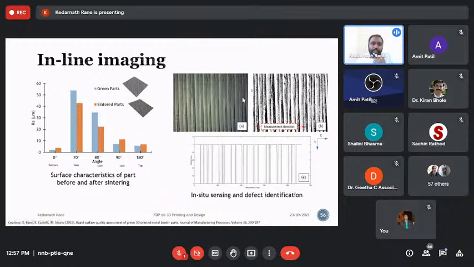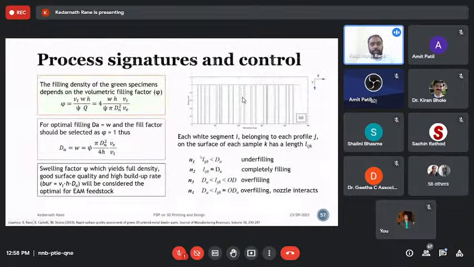We realized this challenge because we understood that when we consider different surfaces of the part, they are distinct and the surface roughness is different. So how can we control these kinds of characteristics in real time? We realized that challenge, and we started investigating this concept. You can refer to my paper related to the deposition.